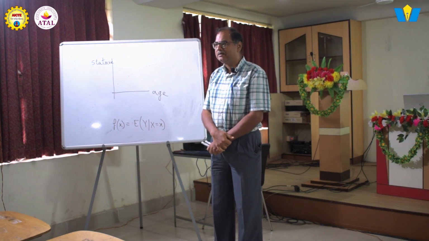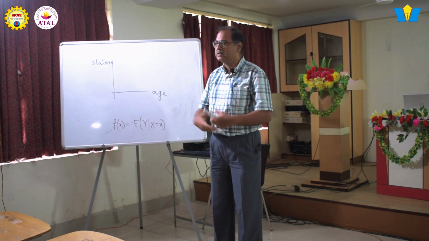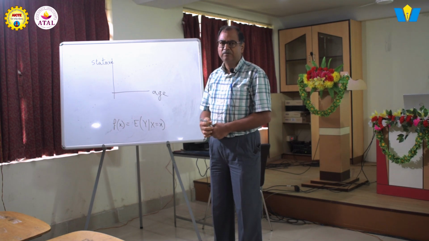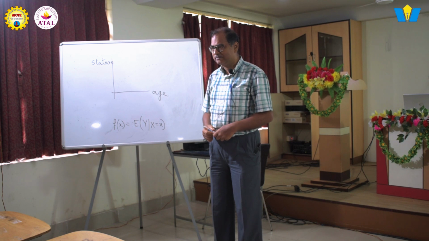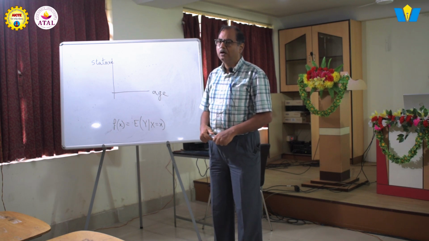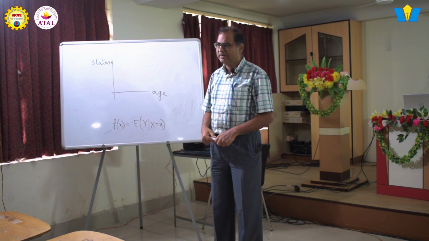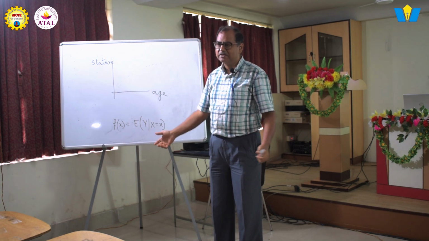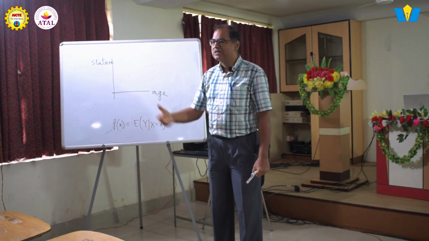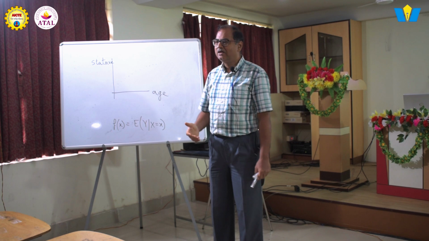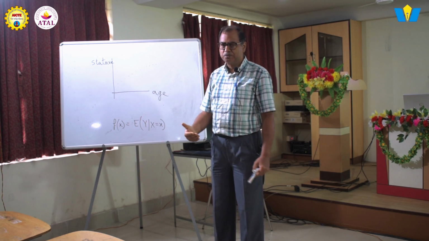This is done, but if you want to find out the large-scale behavior of this kind of plot, you have to do very long experiments. So that is very costly. So people do cross-sectional studies, where they do not really wait for that many years, but rather take measurements of height or stature of people of different age groups.